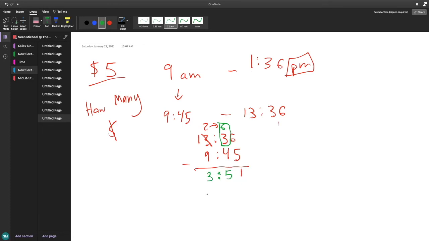So in this case, this is how long I worked: 3 hours and 51 minutes. But I'm only paid $5 the hour. So my dad's going to be generous, and he's going to allow us to round to the nearest hour. So what's the nearest hour here?